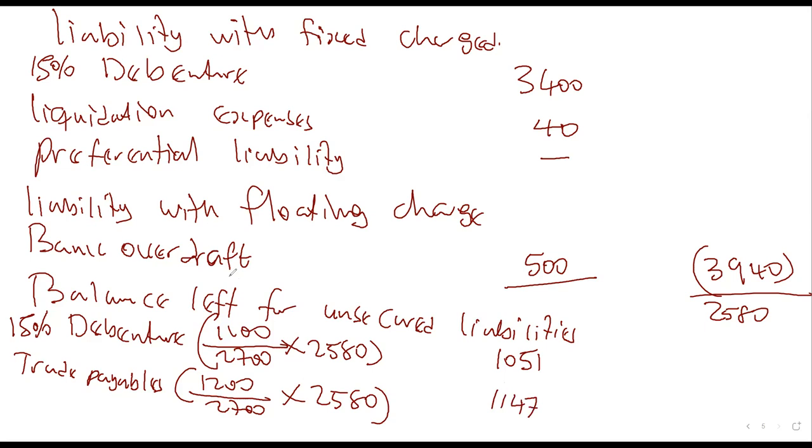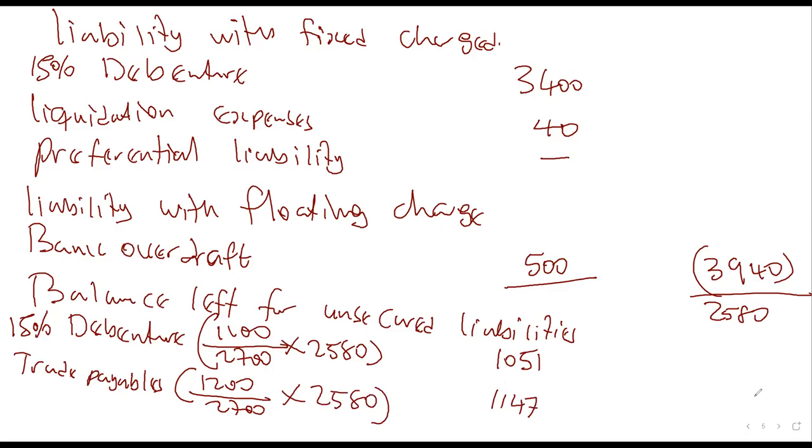The last one is accrued expenses. Space will not permit me, so let me do that one on the next sheet. Just a few points down before I move on to the next sheet.